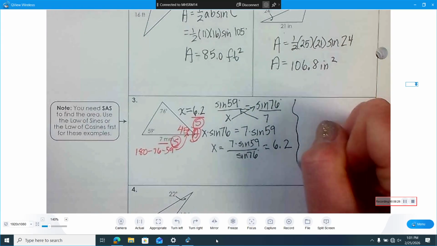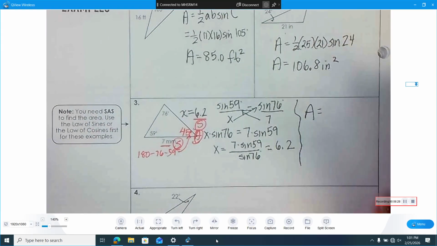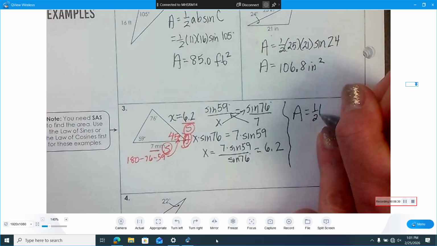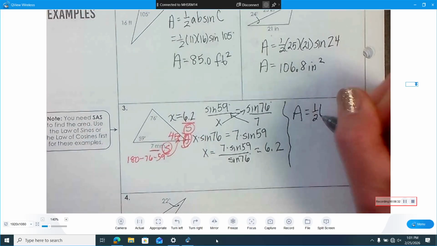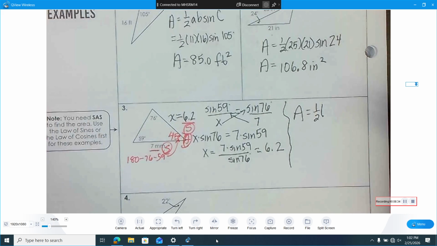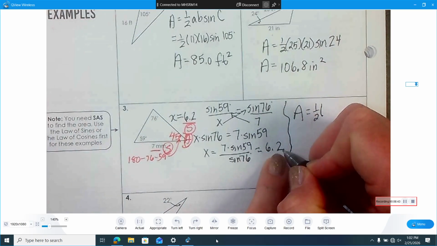All right, now we can use our area formula. So 1/2 my side. Yes, use the original decimal, definitely. I think in Delta Math, they would not appreciate a rounded number.